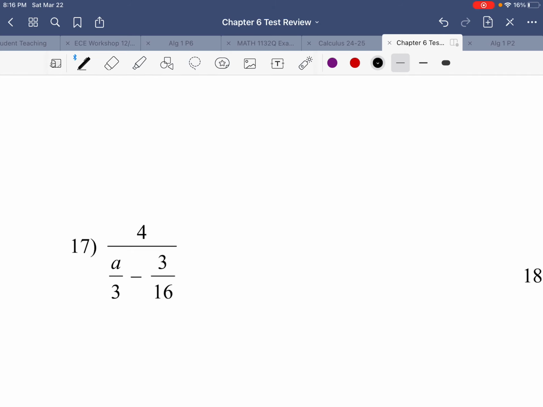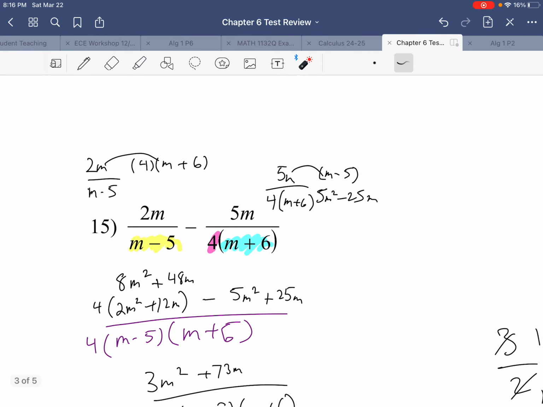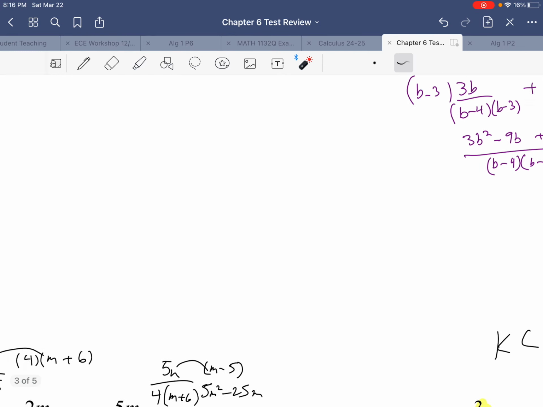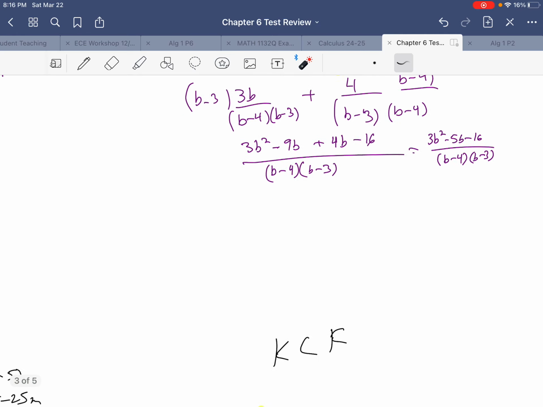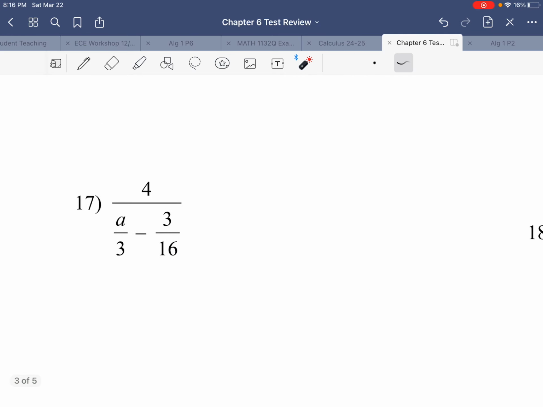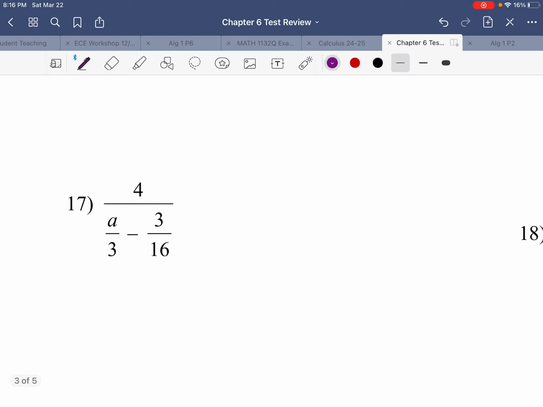In this example here, it gets a little bit more complicated when we're adding. So when I see the denominator 3 and the 16, in the same way here where I wanted to have a common denominator of the b minus 4 and the b minus 3, I want to do that with 3 and 16. So I'm going to multiply both the numerator and the denominator by 48.